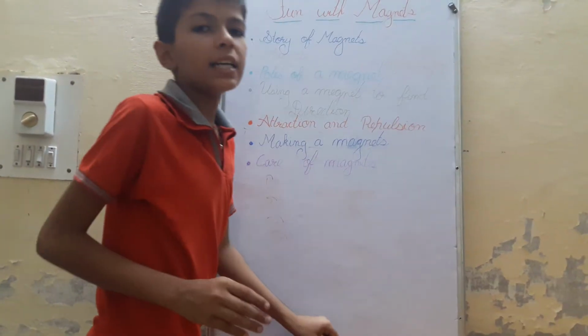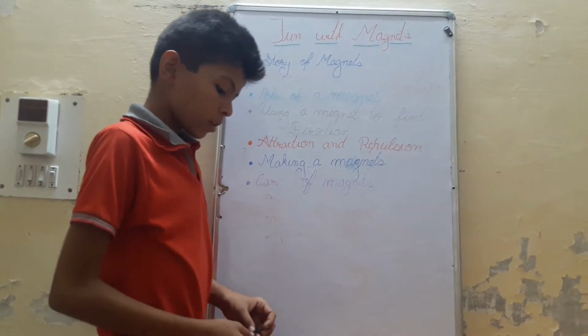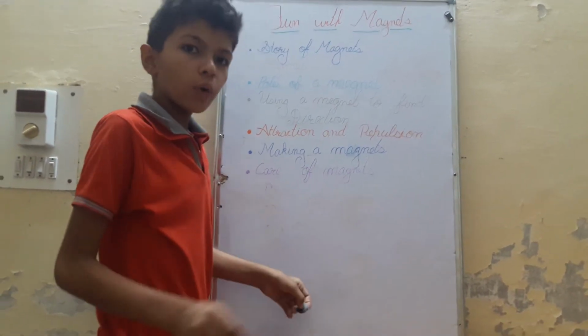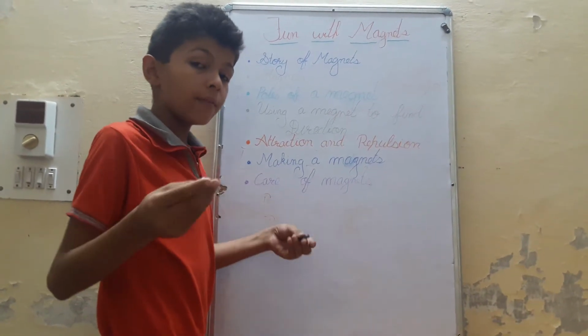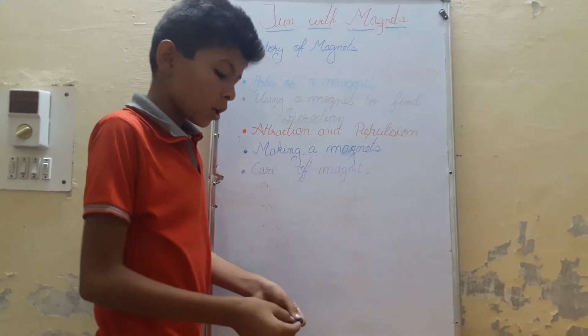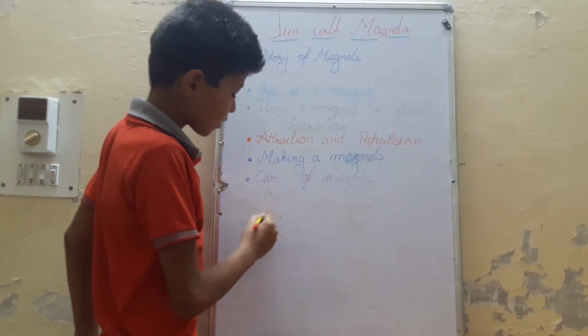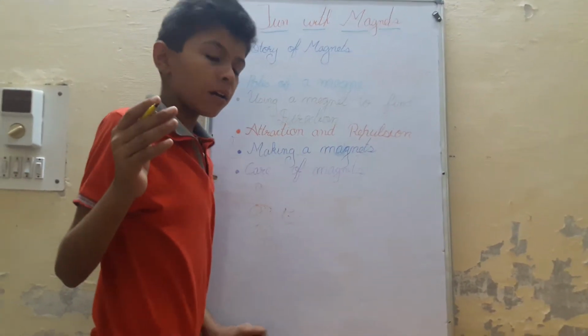The second method is the double-touch magnet, in which I use two magnets to rub on a needle or iron magnetic material. This is a second way of making a permanent magnet.